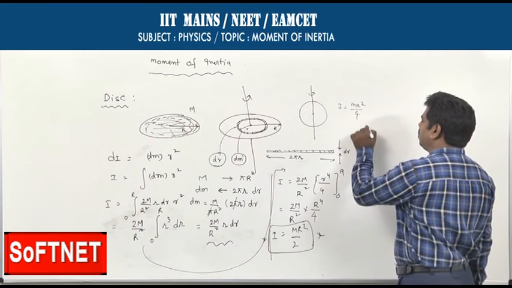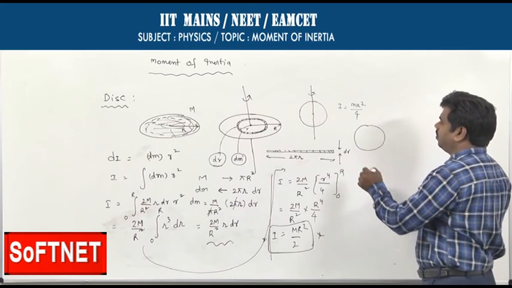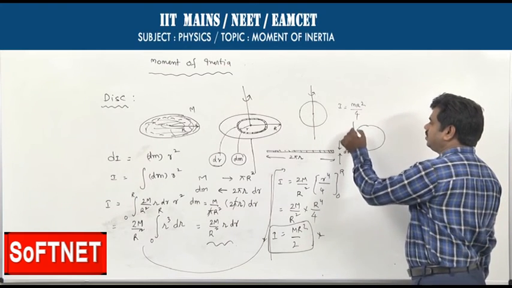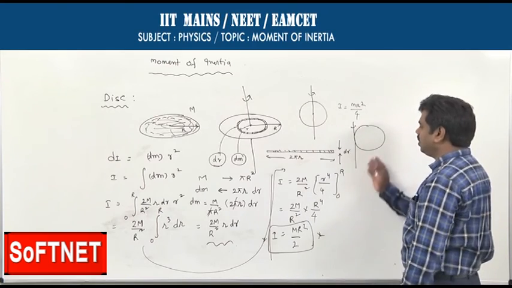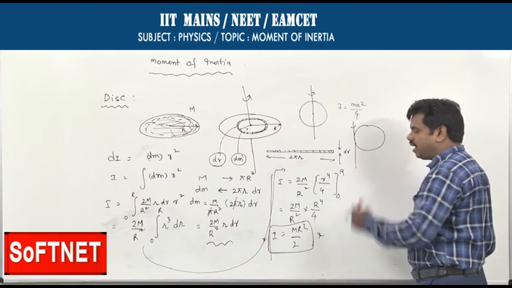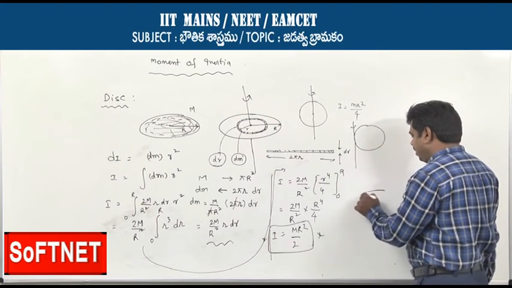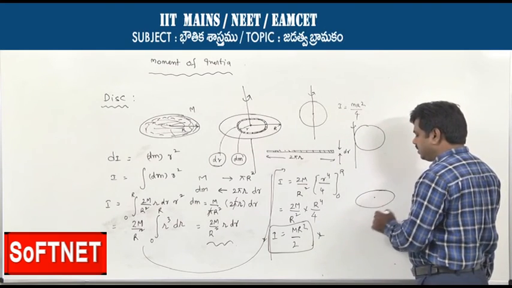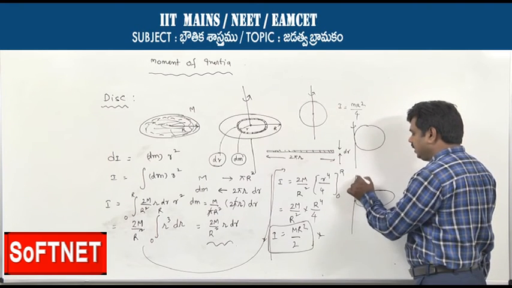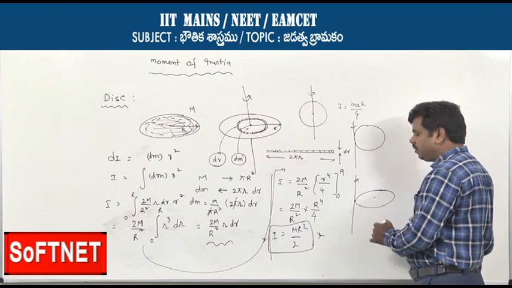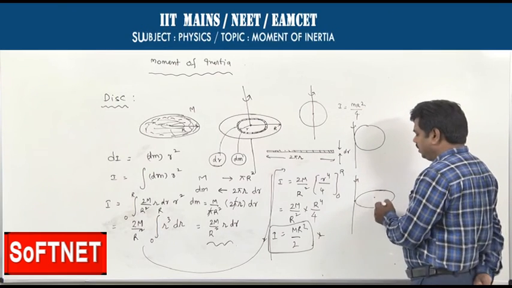And with respect to different axes also we can find out, about an axis tangent to the disk, and of course this axis is present in the plane of the disk. This also you try yourself by applying the parallel axis theorem. You can find out about this axis also, about the tangent. This axis is now normal to the plane of the disk.